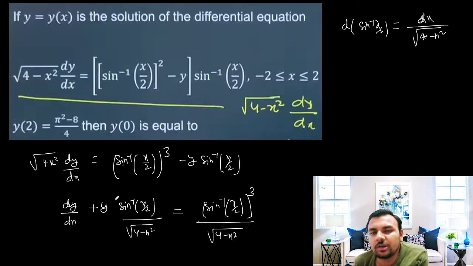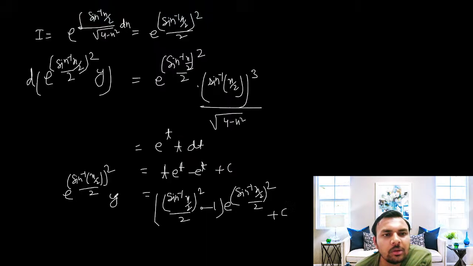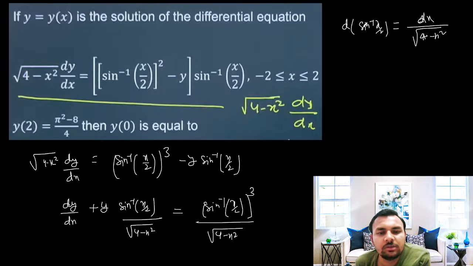Okay, now we'll do with some fractional part. Y2 is pi square minus 8 by 4. So y2 is sin inverse 1 is pi by 2, pi square by 4, pi square by 8. e to the power pi square by 8, and this was still pi square minus 8 by 4.